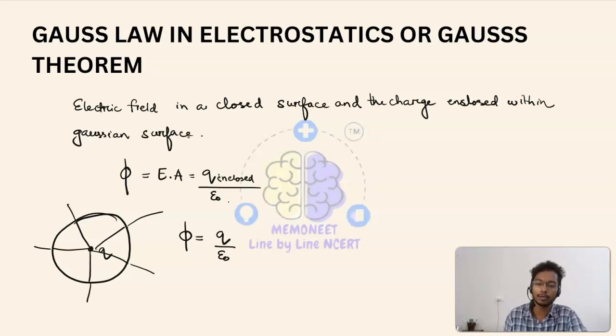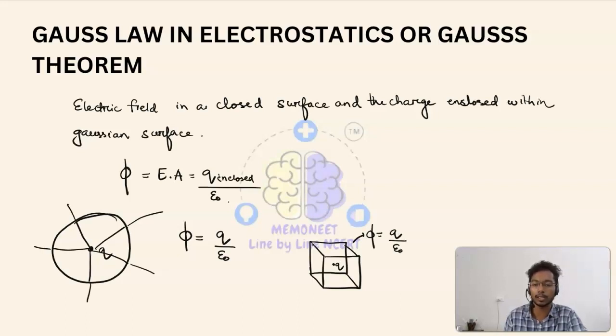Let's say we have a cube, and at the center of the cube we have charge q. So the electric flux will be q upon epsilon naught.